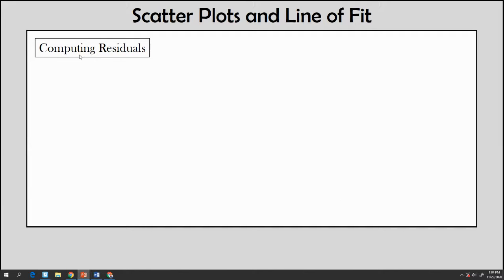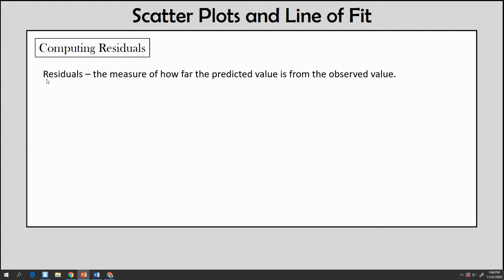The next thing we're going to talk about are residuals and what they are and what we use them for when we start talking about these lines of fit and these data points. Residuals are the measure of how far the predicted value is from the observed value.